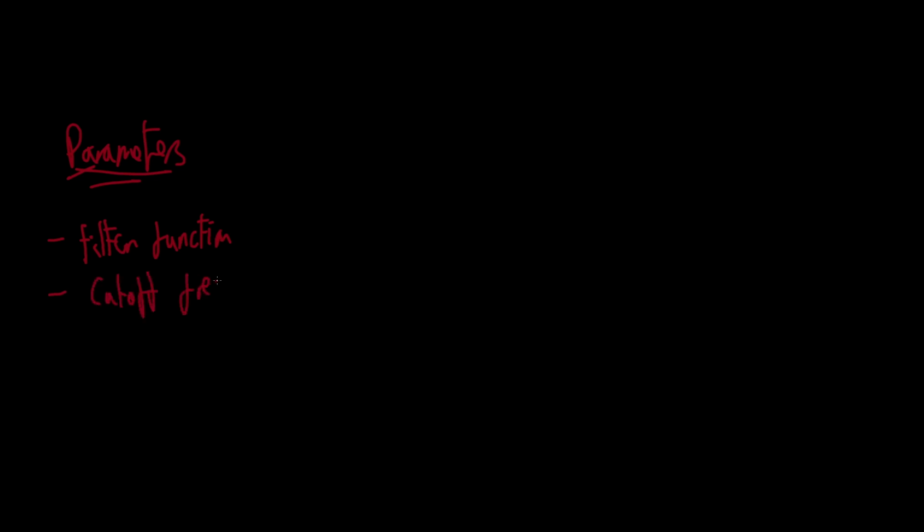There are a large number of parameters you can choose for an FIR filter. There is an endless list of them. Some are very advanced ones to look at, some are a bit more basic. We'll stick with the basic ones. The ones we will look at today are the filter function, cutoff frequency, and then finally the filter order.